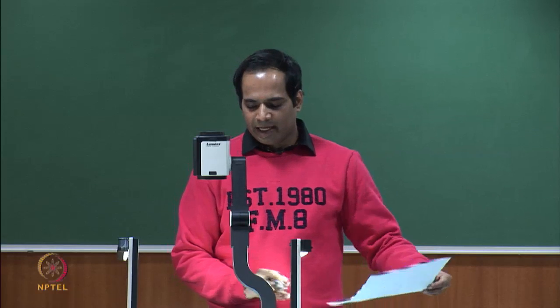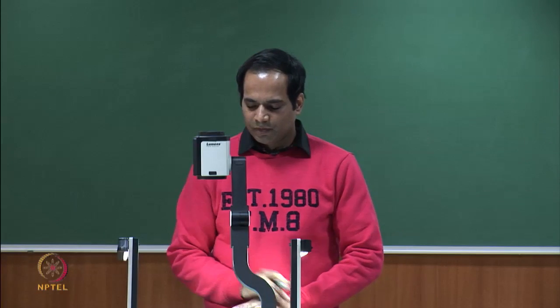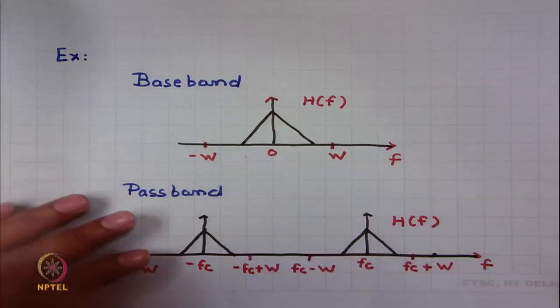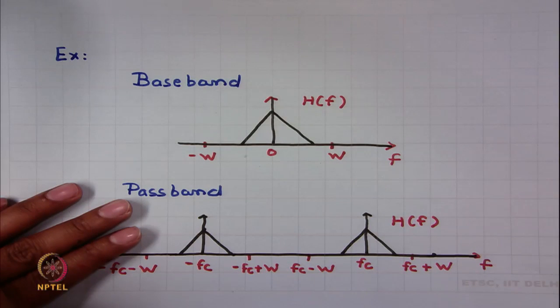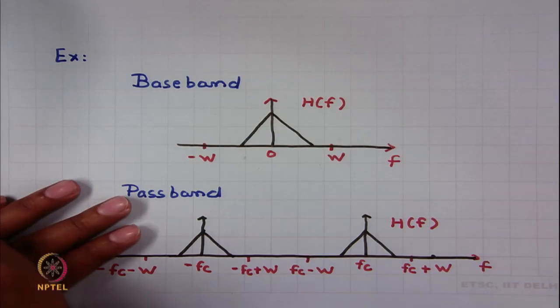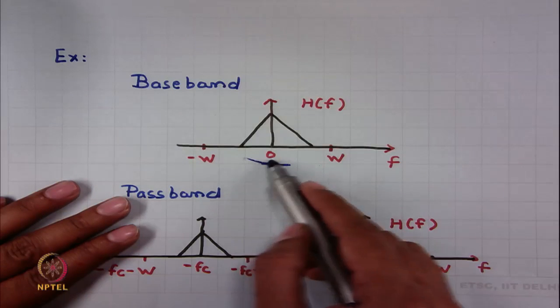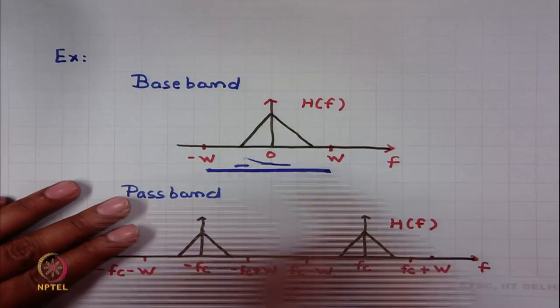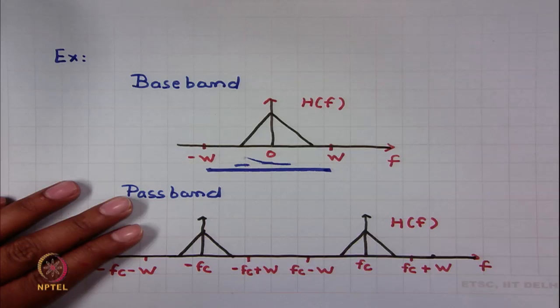We can also understand this pictorially. So, this is the spectrum of the baseband signal or system where most of the energy is concentrated around DC or is confined in this range. For a passband, what we will see is most of the energy will be concentrated around a higher frequency Fc.